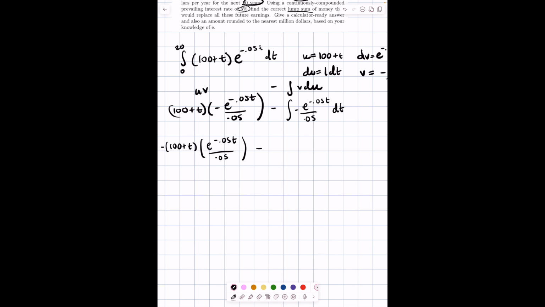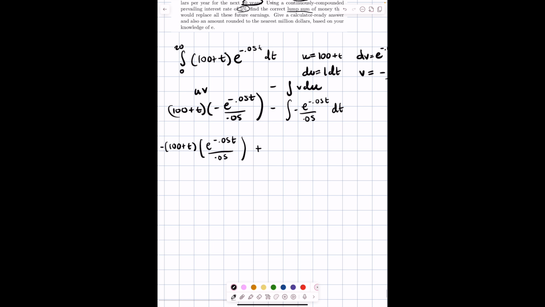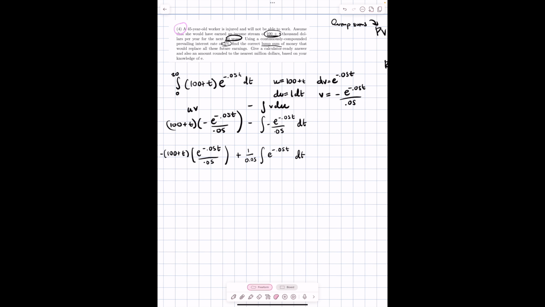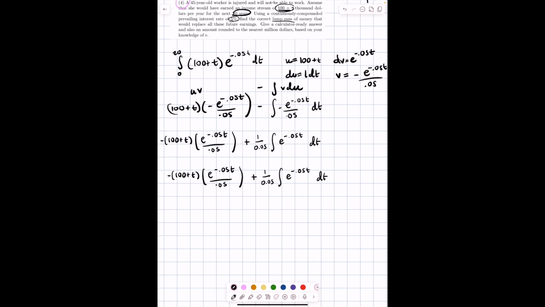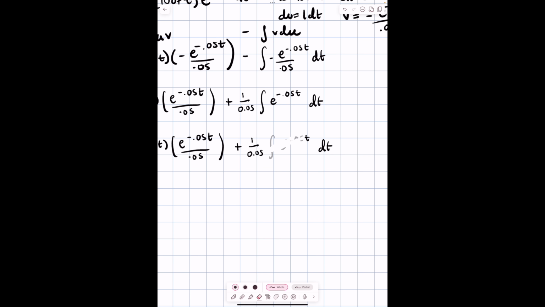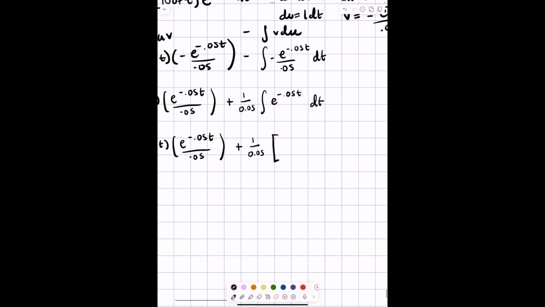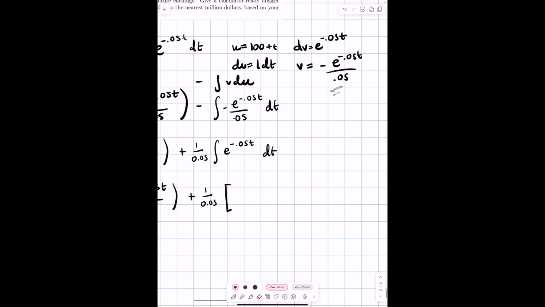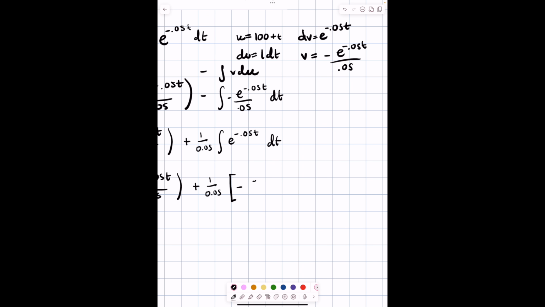I can take this 0.05 and this negative out, so it'll actually become positive 1 over 0.05 times the integral of e to the negative 0.05t dt. Keep writing it, and then I'll just duplicate the same idea here. You want to take the integral of this, so it's basically negative e to the negative 0.05t over 0.05.